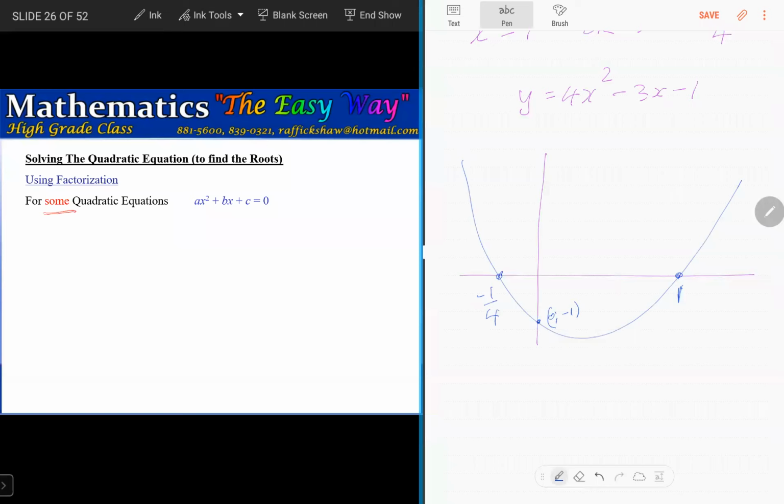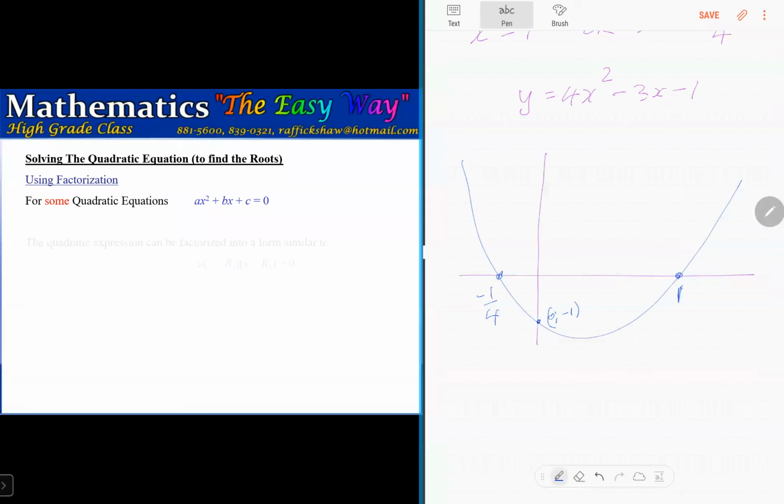I remember when we spoke about the quadratic function, we spoke about the 3 different forms: the standard form, the vertex form, and the factor form. This is one where we're applying the factor form in a way.